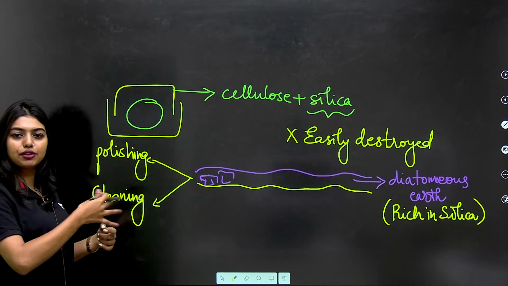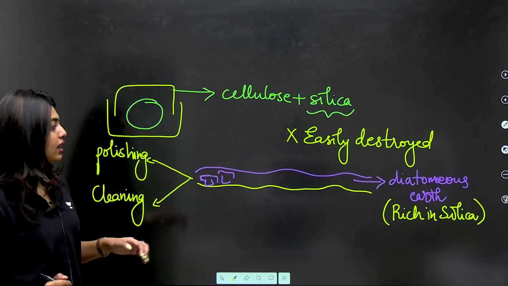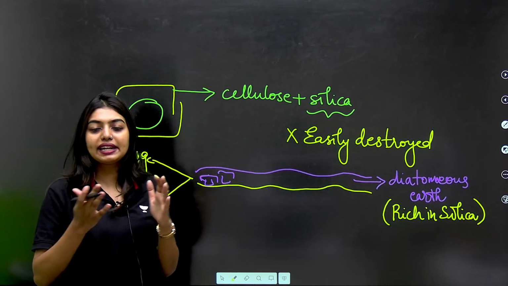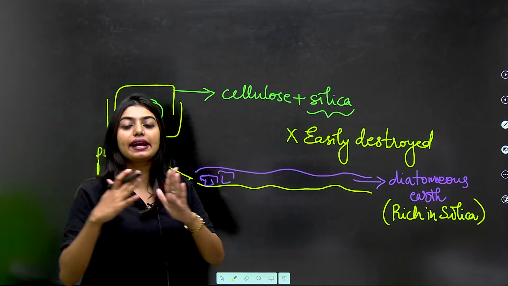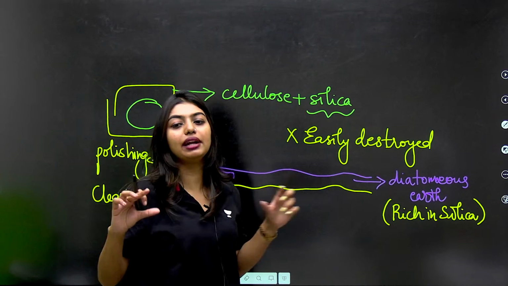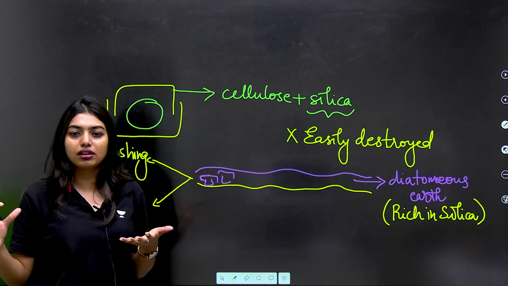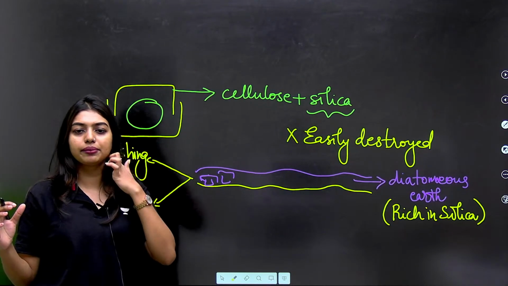So, under cleaning itself, you can add filtration. So, this cell wall ended up forming a complete diatomaceous earth, a complete seabed full of silica cell wall, which were completely different in color.